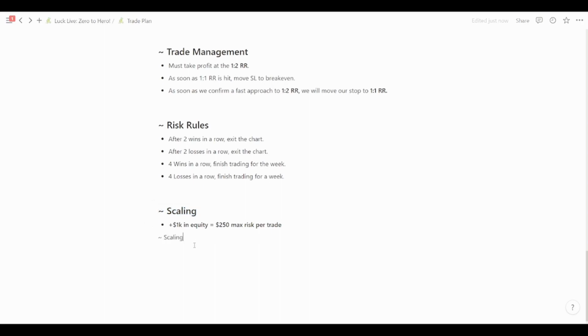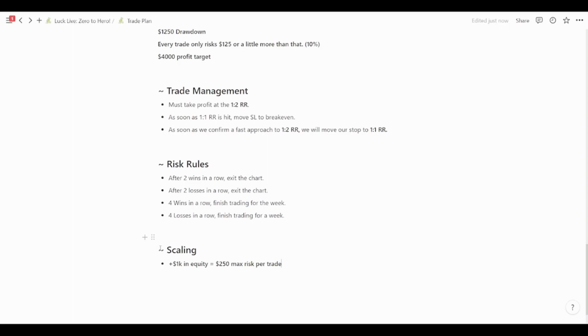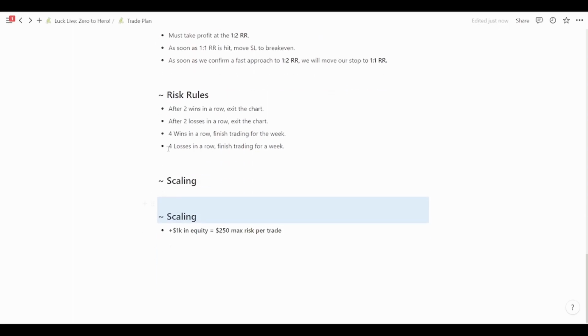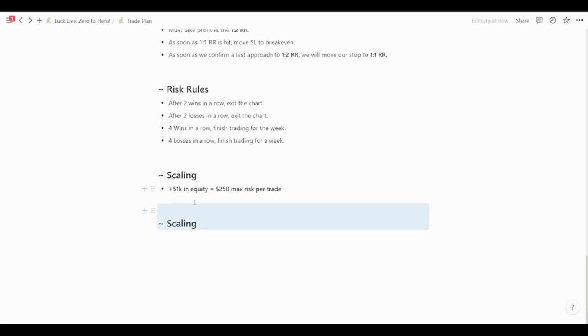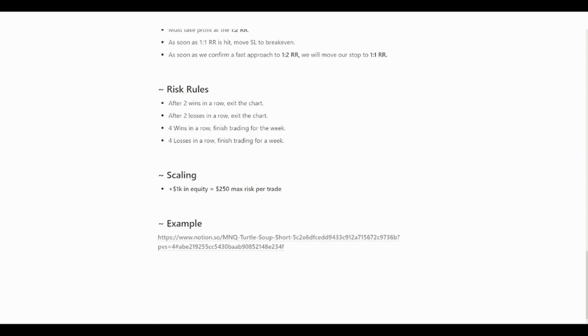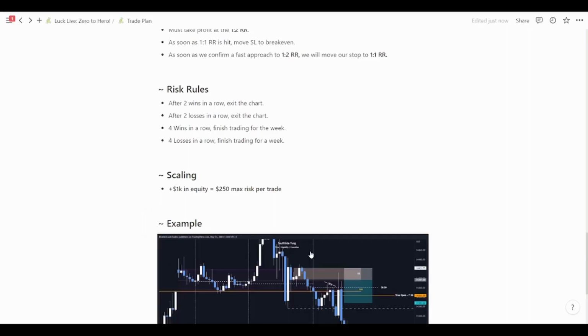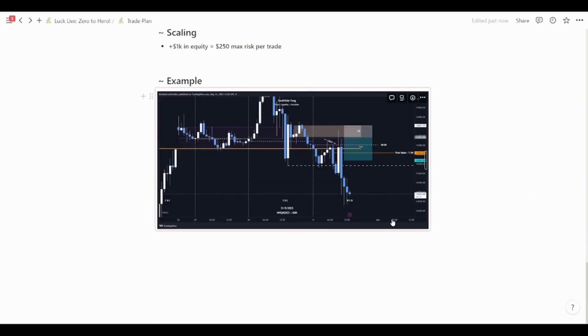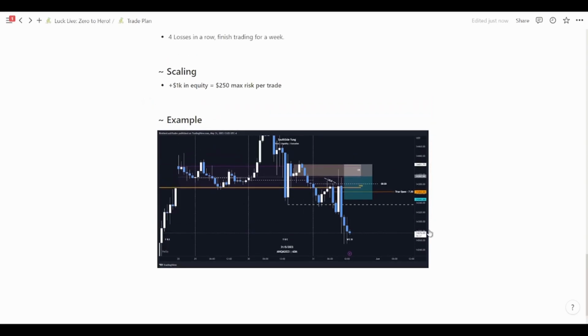Now, I'll give you an example so you guys understand what exactly we're looking for here. Okay. That should be it right there.